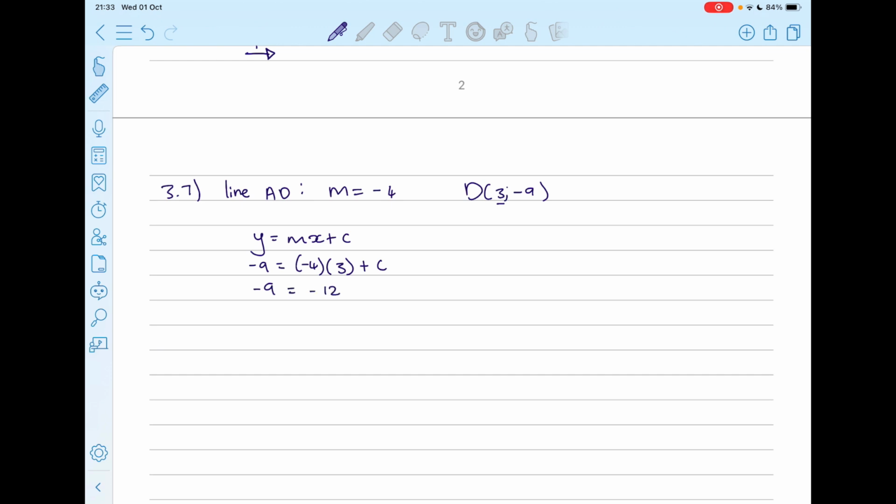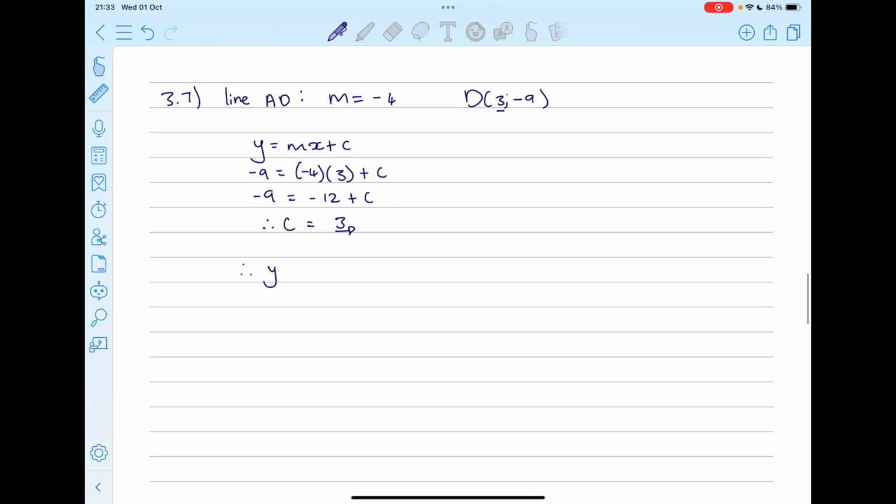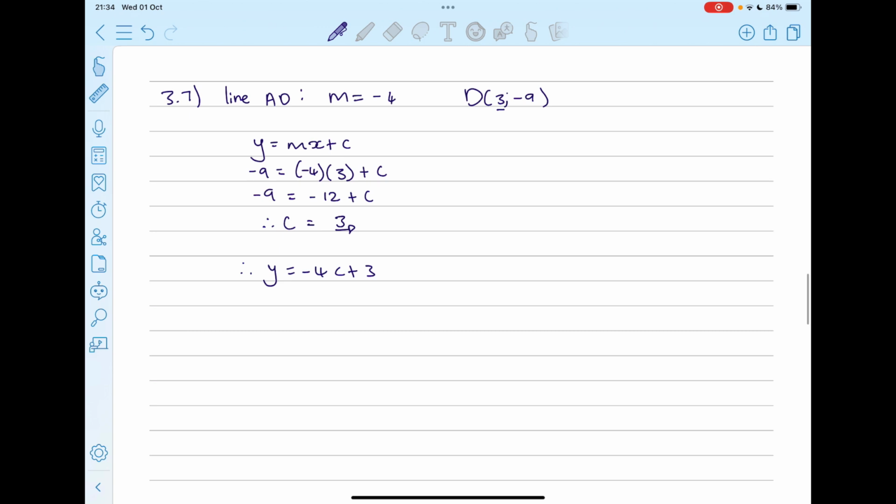So this is -9 is equal to -12 plus c. And c, we can see, is 3. Alright, now we have that. So that means our equation of line AD is thus y is -4x plus 3. Okay, I don't know what happened to my x. That was not a joke. No pun intended. Okay, so now we've got the equation of our line AD.